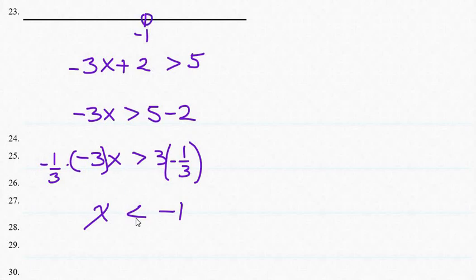Open circle, because it doesn't include it. Everything to the left. Alright. And in interval notation, this would be negative infinity to negative 1. Okay, that's your interval notation. So you see, when you multiply through by a negative, it's going to cause your inequality here to flip.